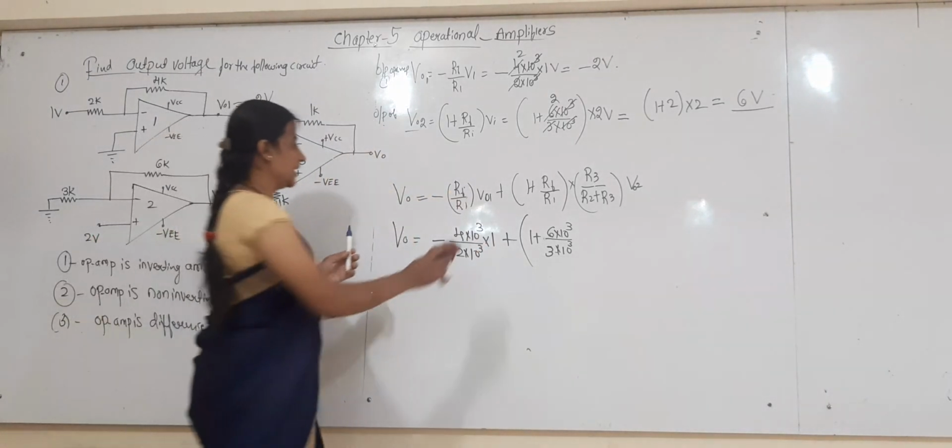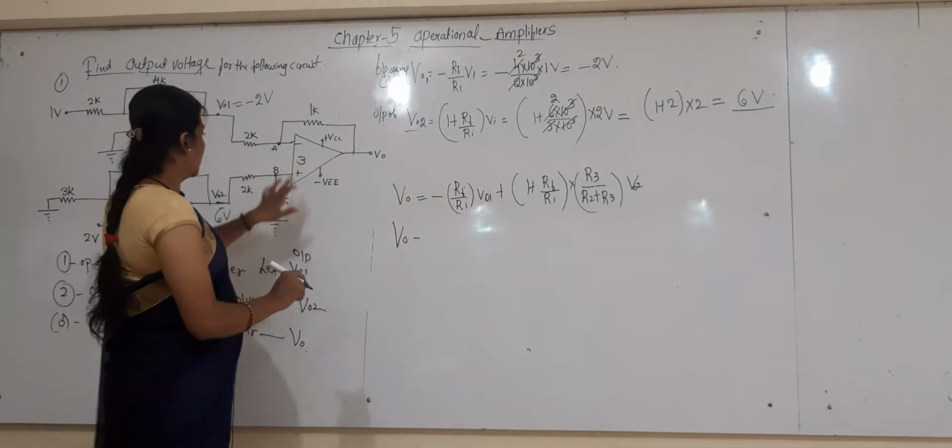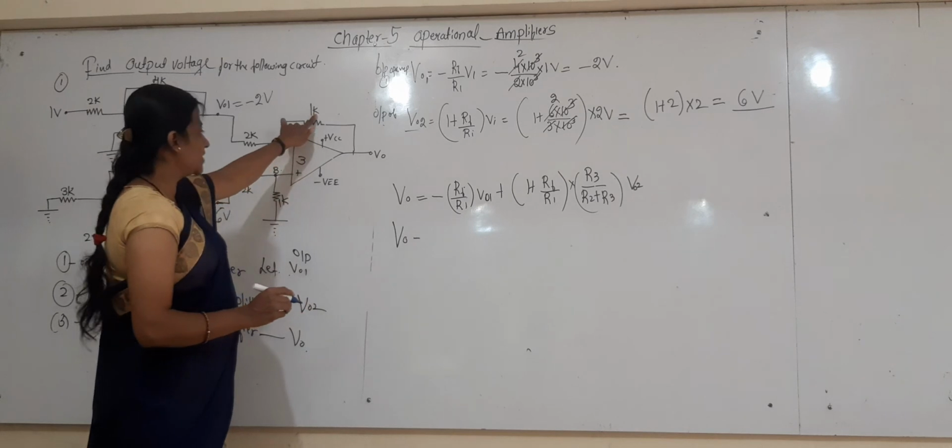So this is the second problem, difference amplifier. For this third difference amplifier, RF is 1K.